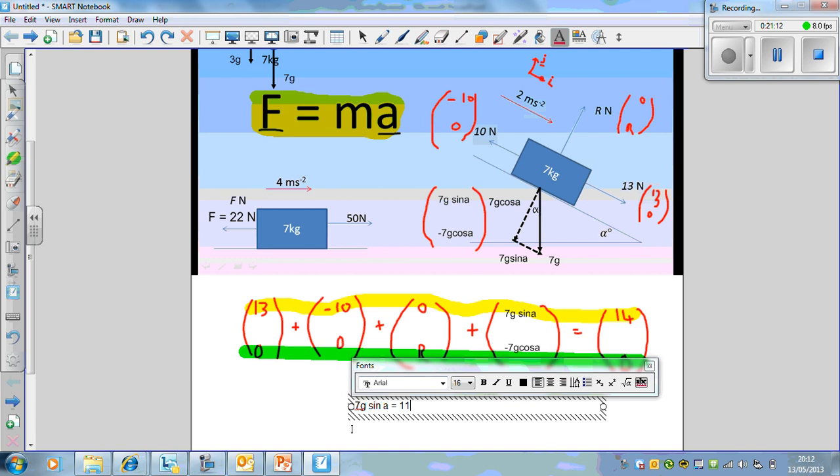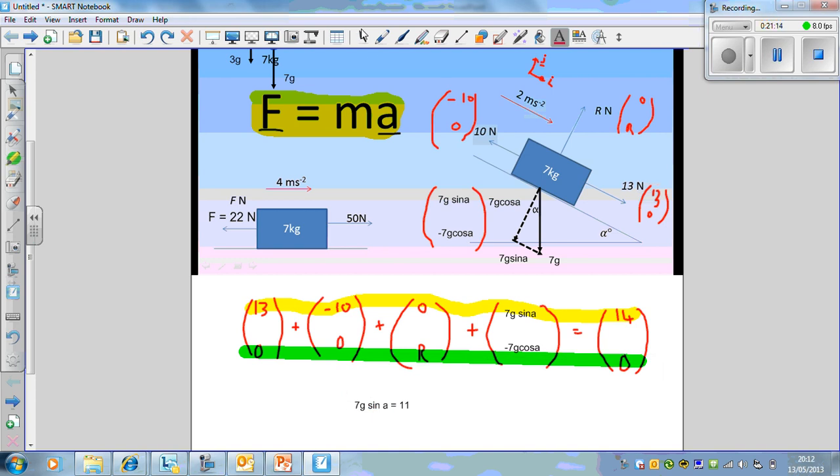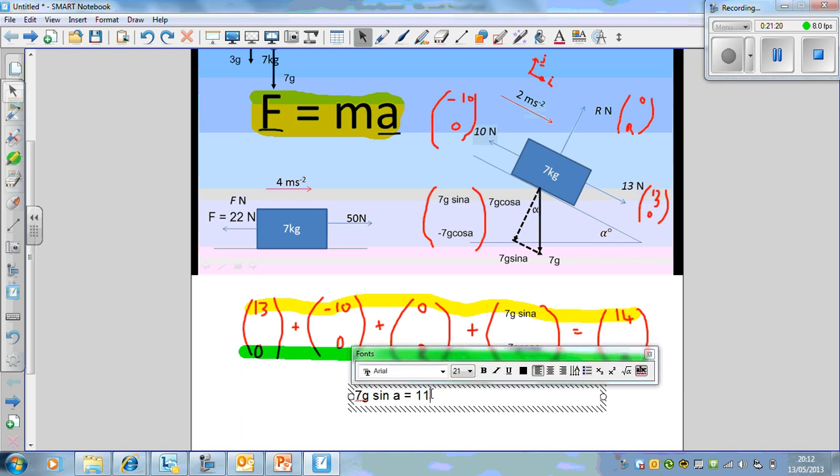Okay, which now gives us a nice little equation, a simple little trig equation to solve. From there, we know that sine A is equal to 11 over 7g.